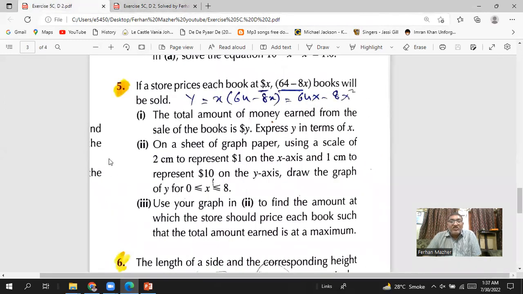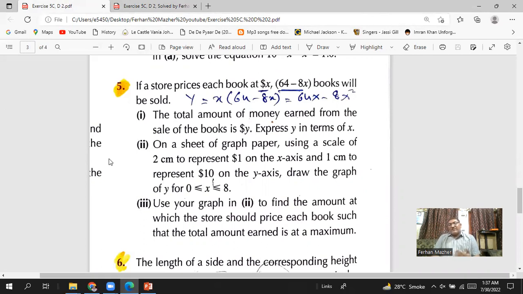Then they say, on a sheet of graph paper using a scale of 2 centimeters to represent $1 on the x-axis, and 1 centimeter to represent $10 on the y-axis, draw the graph of y for x greater than or equal to 0 and less than or equal to 8. We have the equation y equals 64x minus 8x squared.